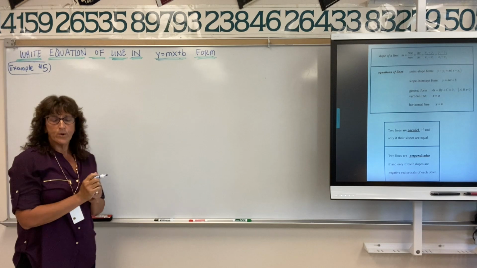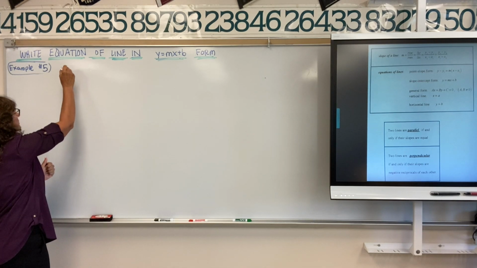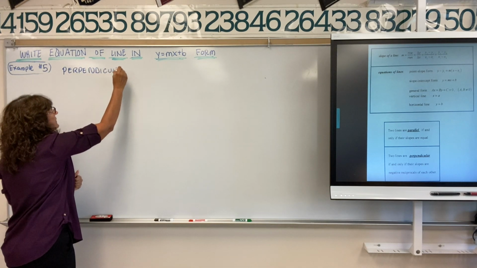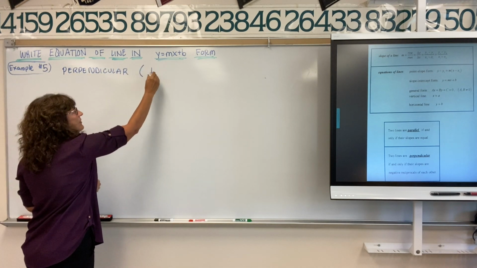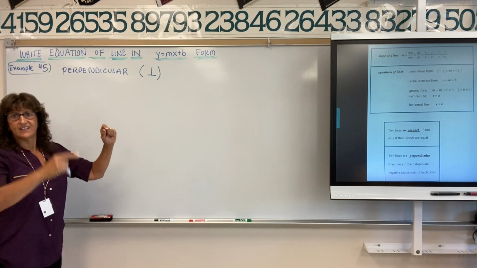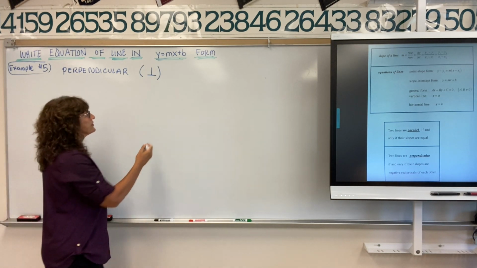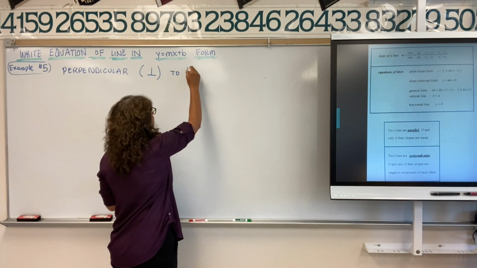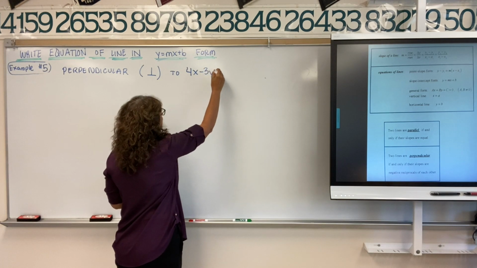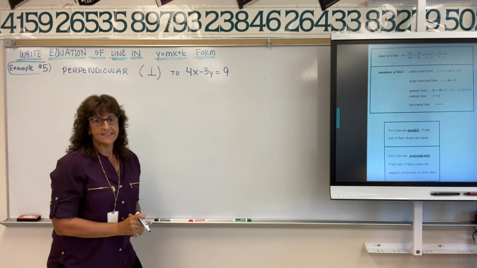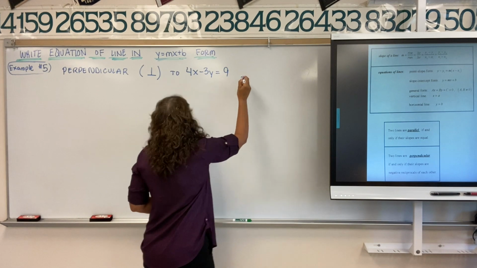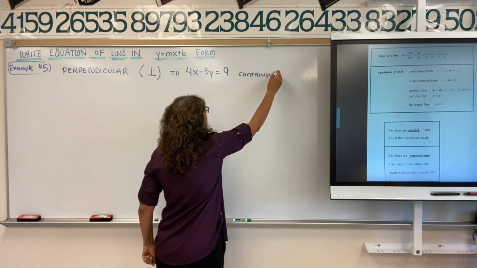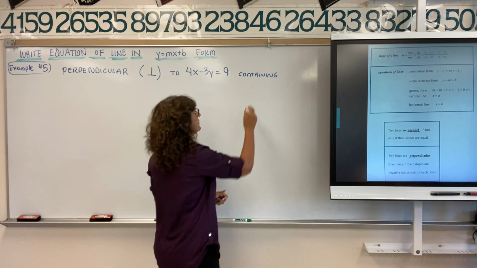Example number 5: we want to write the equation of a line perpendicular. The symbol for perpendicular is this, an upside down capital T. Perpendicular to the line with equation 4x minus 3y equals 9, and containing the point (-3, 1).